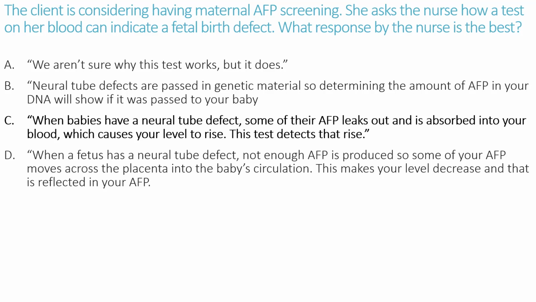The test detects that rise. I want to make sure I put the right answer for this. So when I post the recording, guys, if there are any comments on that YouTube video, that'll be my adjustments, but I think this is correct.